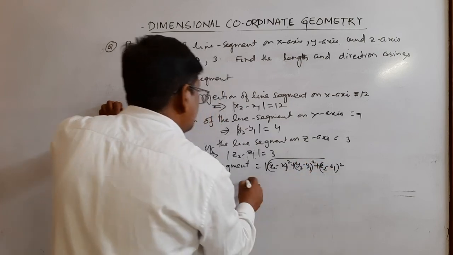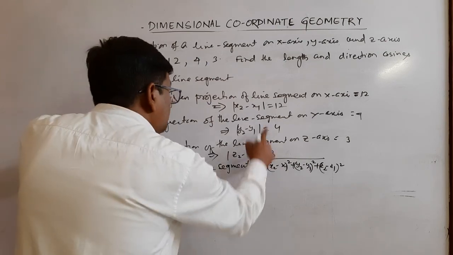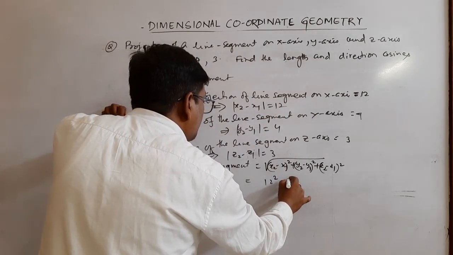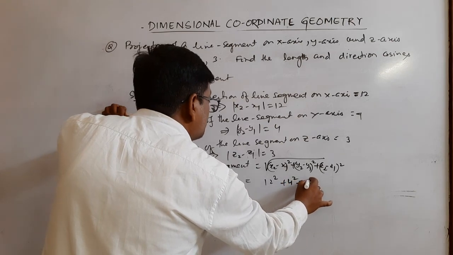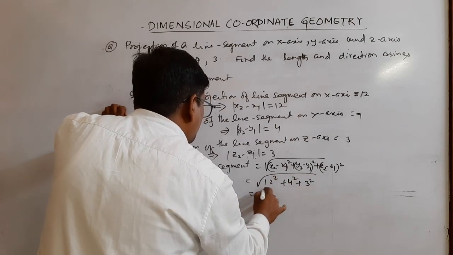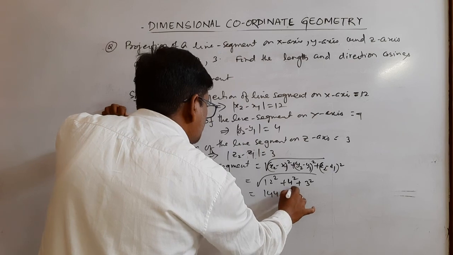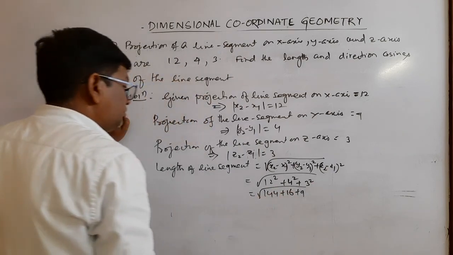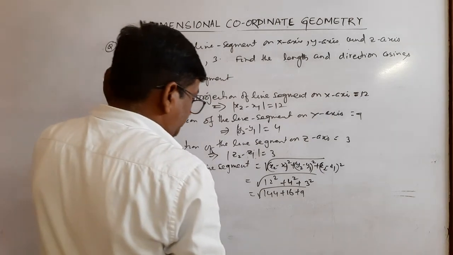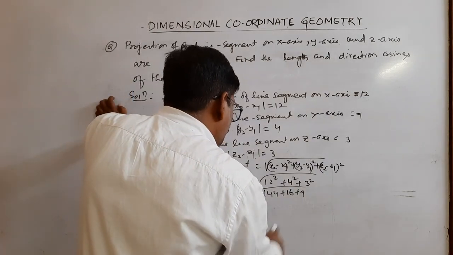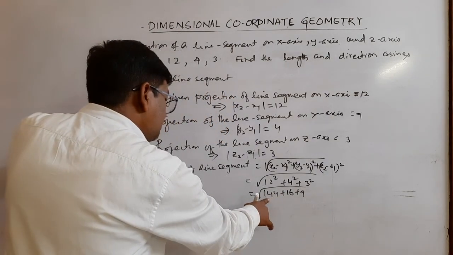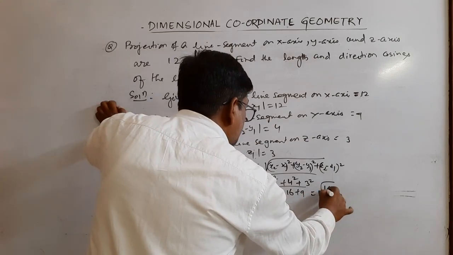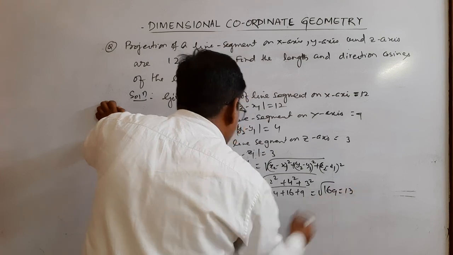That is 12 square plus 4 square plus 3 square. That is 144 plus 16 plus 9, that is equal to 169. The square root of 169 is 13. This is the length.